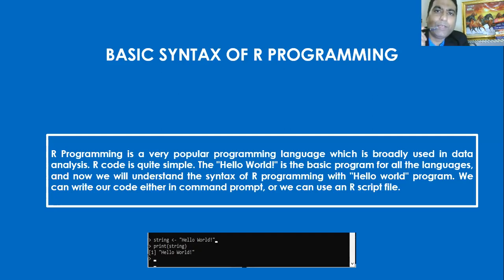Suppose you are using R 4, so it will be R 4.0.0. So go to the command prompt and using just the cd command, you go to that particular folder, and R is the executable file. So just write R and enter. It will execute it and you will find the R prompt where you can write just a string, and this is the assignment operator.